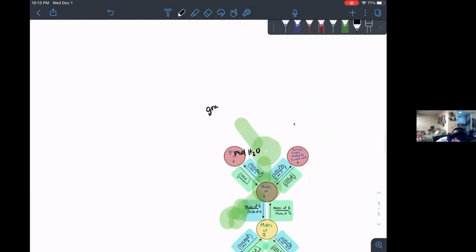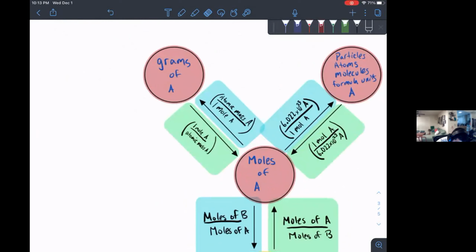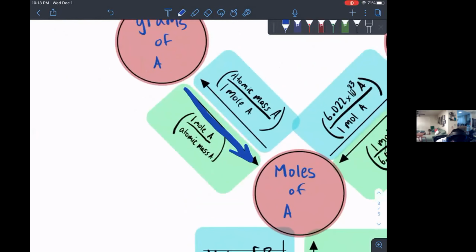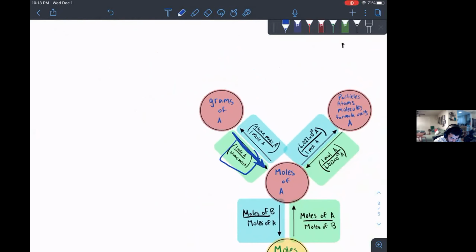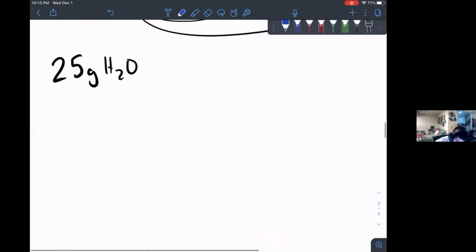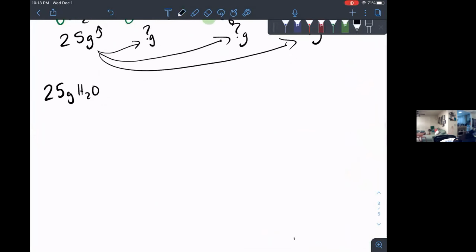Now, using our mole island diagram, our first conversion is going to take us down from grams of something to moles of something. And that's 1 mole of A, which in our case is H2O, over the atomic mass. So our first conversion is 1 mole H2O over the atomic mass in grams of H2O.